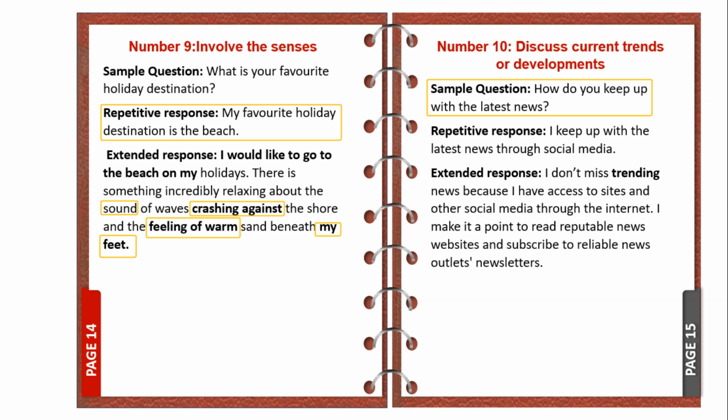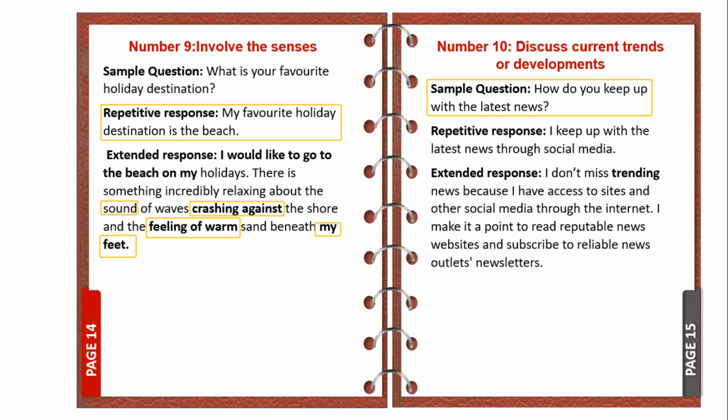I make it a point to read reputable news websites and subscribe to reliable news outlets' newsletters. So I listen to things on the internet, or I watch things on the internet.